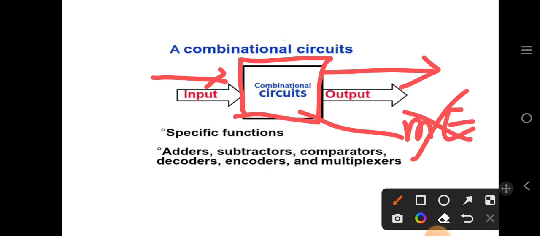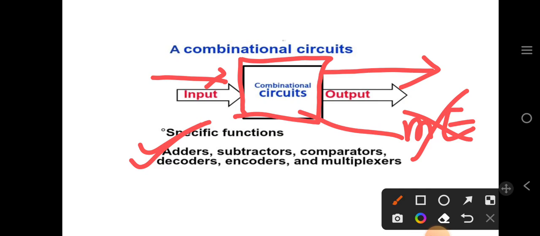It is used for a particular specific function like adders, subtractors, comparators, decoders, encoders and multiplexers. Adders and subtractors are very basic combinational circuits. From these we are going to study the adders first.